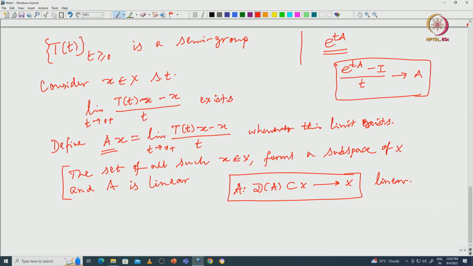A is, by the way, called the generator, or infinitesimal generator, of T_t.